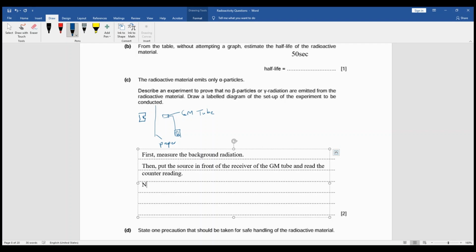Next, insert a piece of paper in between the GM tube and the radioactive source, and take the reading again.